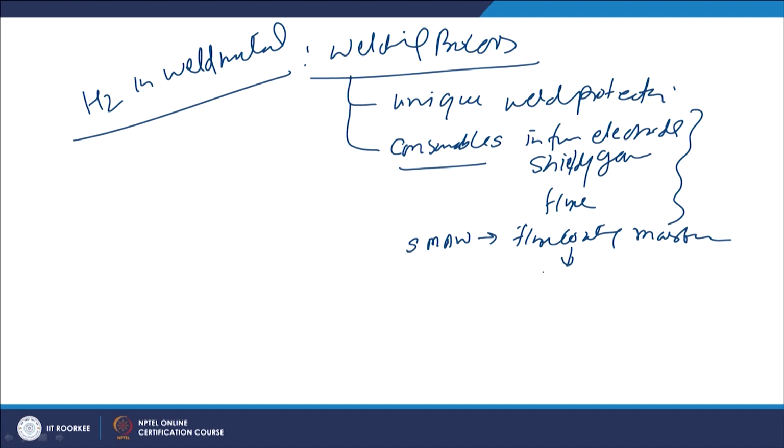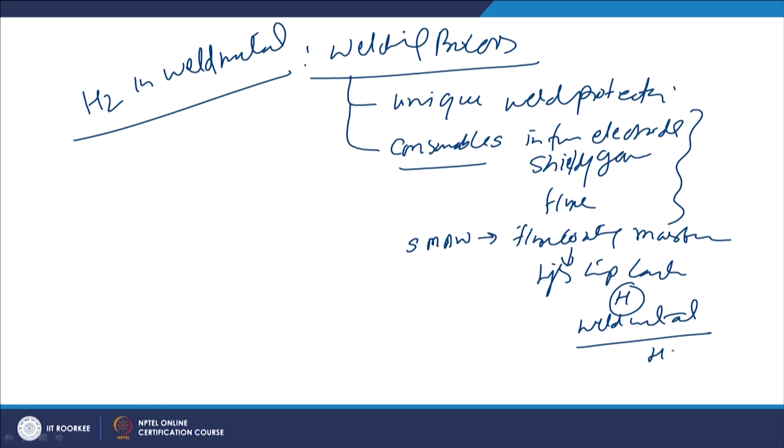Under arc conditions or high temperature, this moisture breaks down into atomic hydrogen, which is absorbed by the weld metal, and due to the higher cooling rate it is retained by the weld metal as well as the heat affected zone. The hydrogen which gets dissolved at a high temperature does not get enough time to escape, and that remains with the weld metal as well as the heat affected zone.